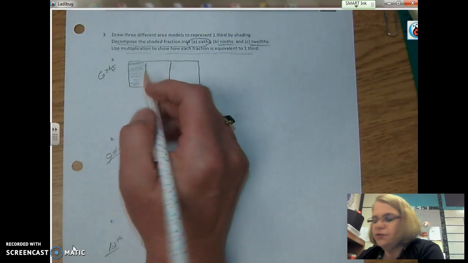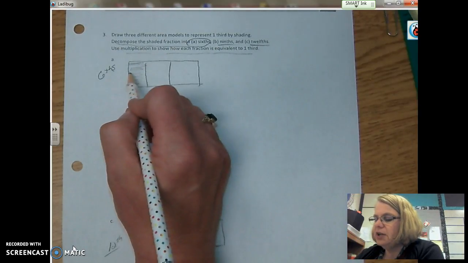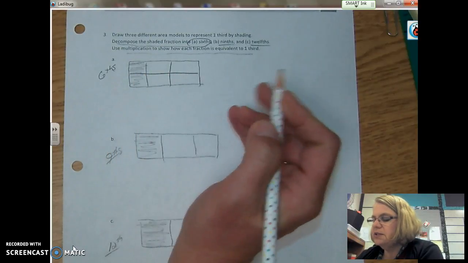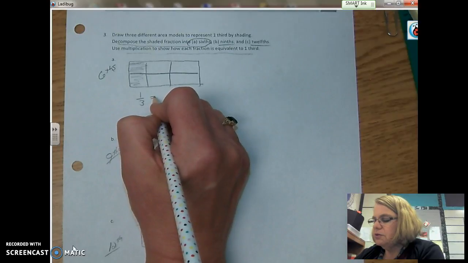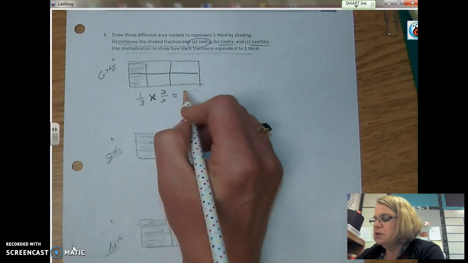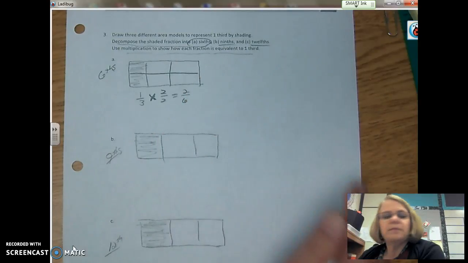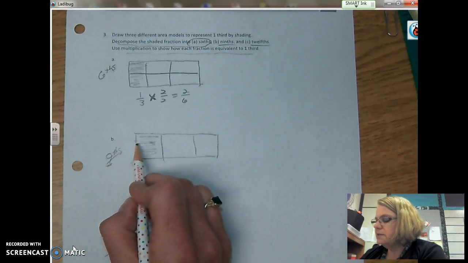You'll figure it out. So the first one I'm going to do into 6ths. So I have 3, so I only need 1 line to make it into 6ths. So 1/3 times 2/2 equals 2/6. Here, I'm going to divide it into 9ths.